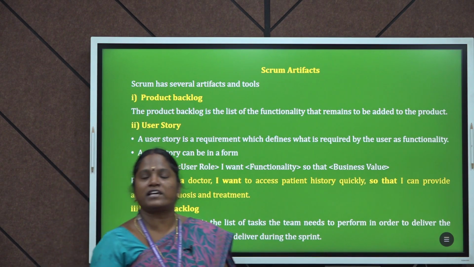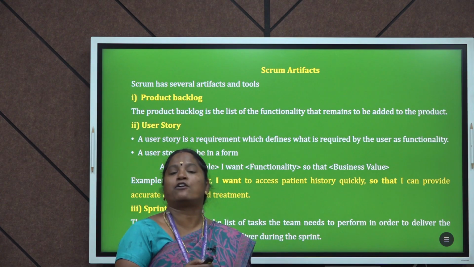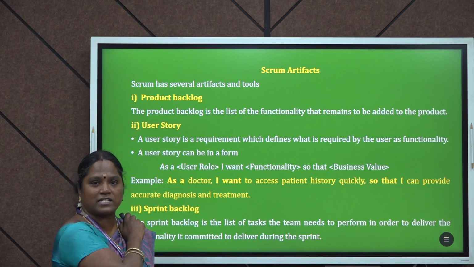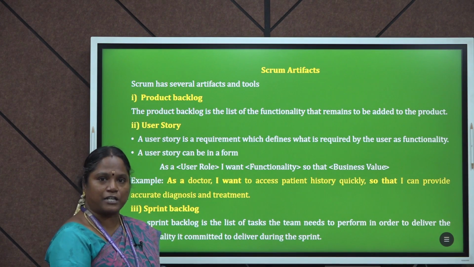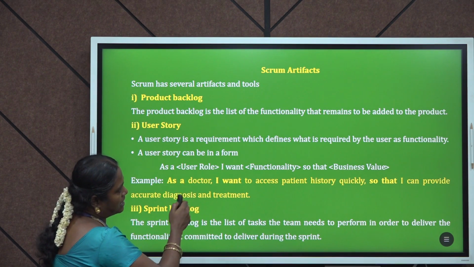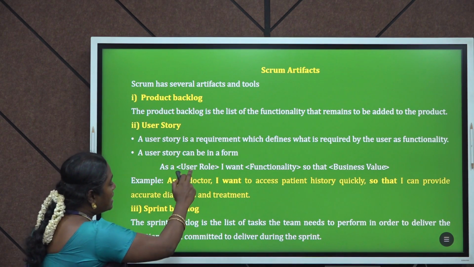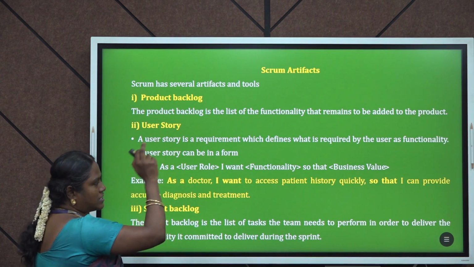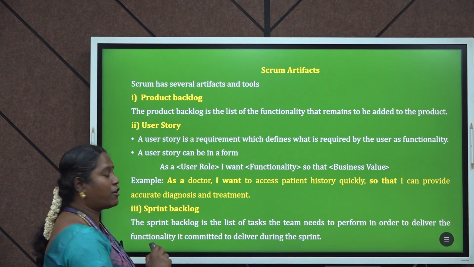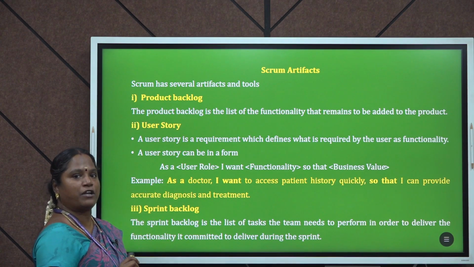The user story is nothing but receiving the requirement of the user regarding the product. The user story is a short and simple description of a feature of the product that has been received from the customer in a particular format. Scrum always uses a syntax to get the requirement of the user for a particular product.